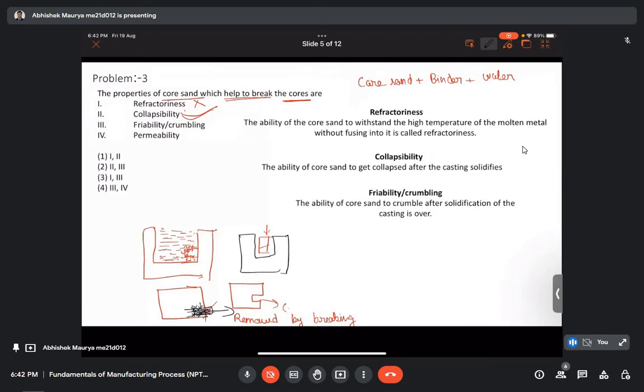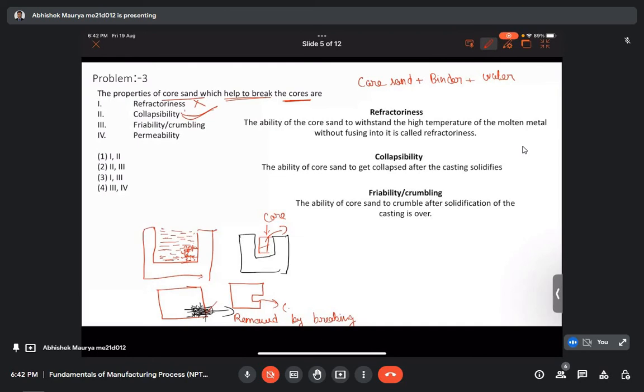Yes, this is the casting, and this red one is the core. After the solidification, we try to remove it, and suppose we just hammer a little, and it breaks into two or three parts and comes out easily. Then we call it very collapsible.